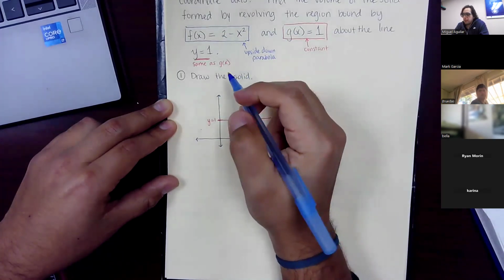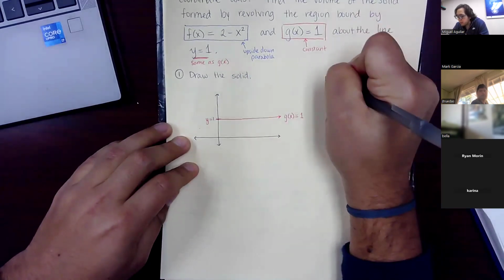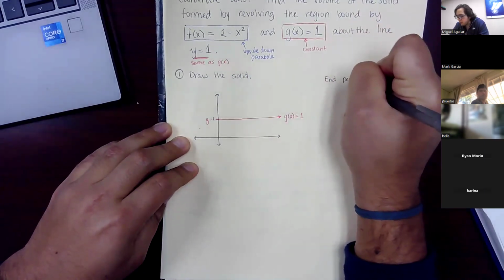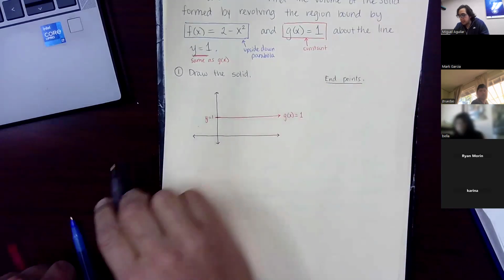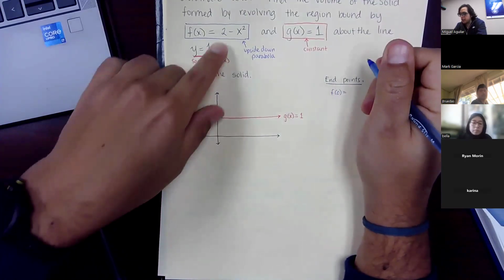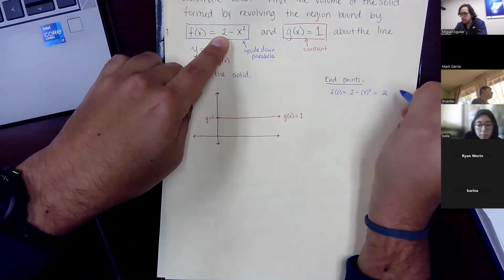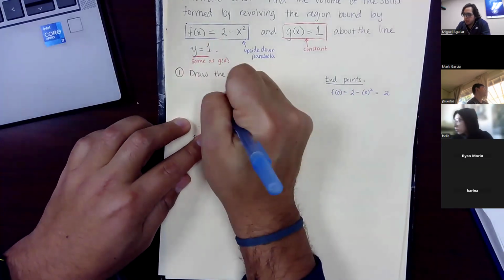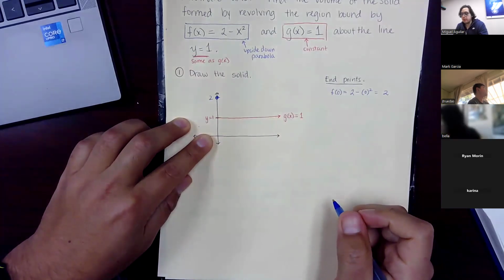So if you want to find the endpoints, just to be consistent, we can find those endpoints for this function. So if we wanted to find f of 0, that's just going to be 2 minus 0 squared, which is just 2. So up here, that's going to be at 1 point.